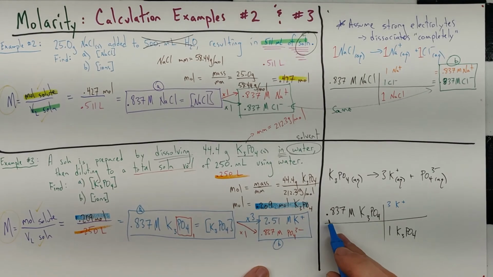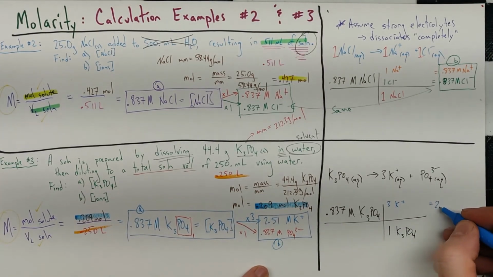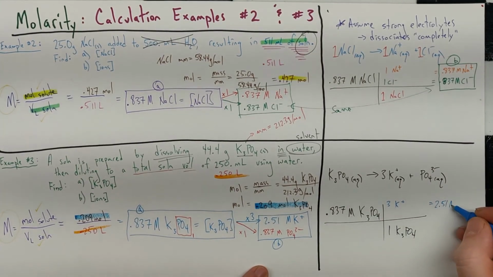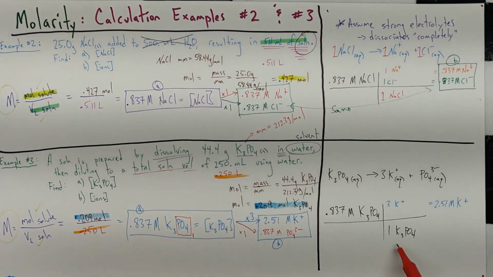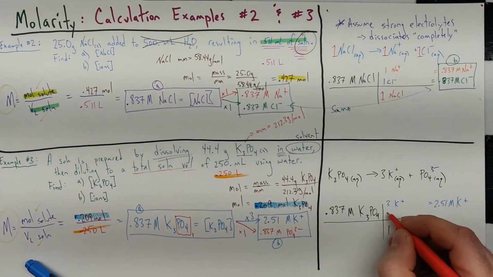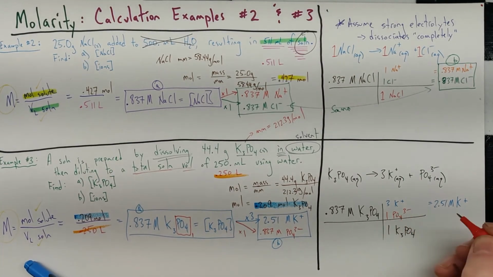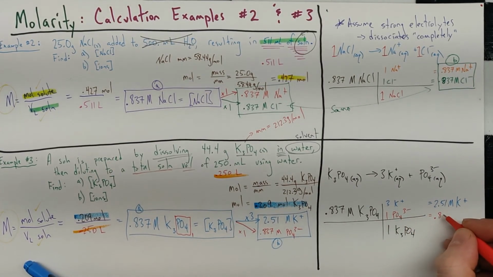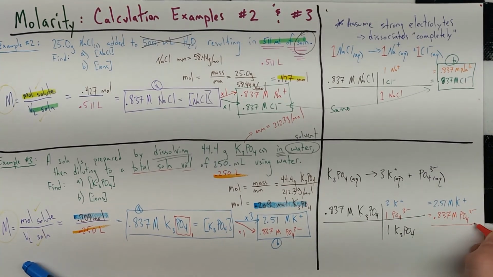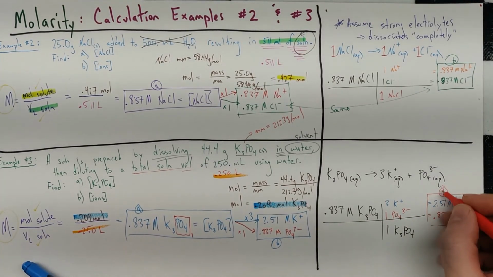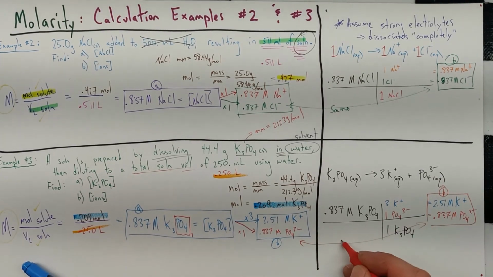And so 0.837 times 3 divided by 1 is 2.51 molar potassium ions. And then for every 1 K3PO4, I've got 1 phosphate. And so we end up with 0.837 molar phosphate. And unsurprisingly, those answers are the same.